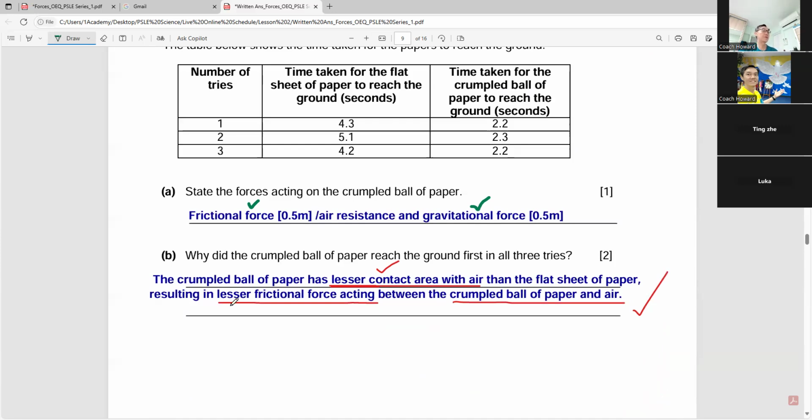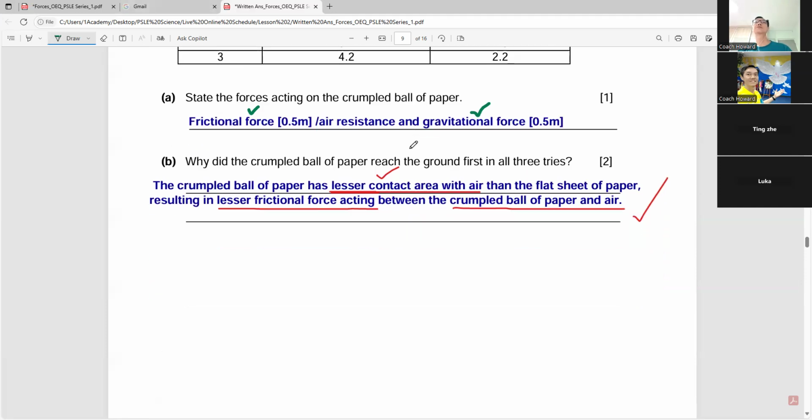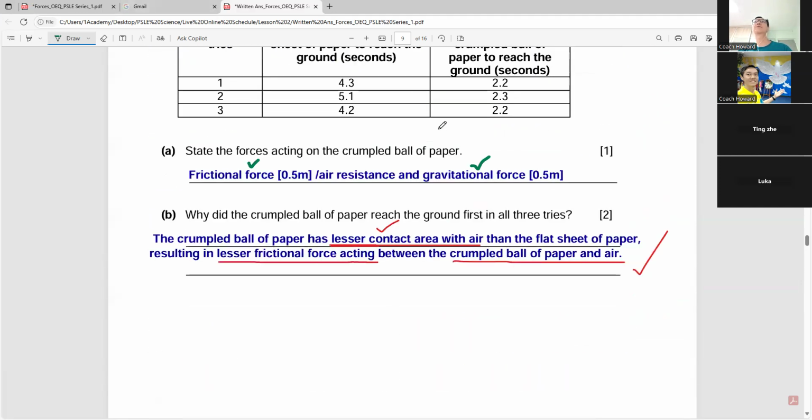This will result in lesser frictional force between the crumpled ball and the air. So this is how you explain these 2 parts. This is the explanation for these 2 questions. I will stop here and allow you to ask questions.